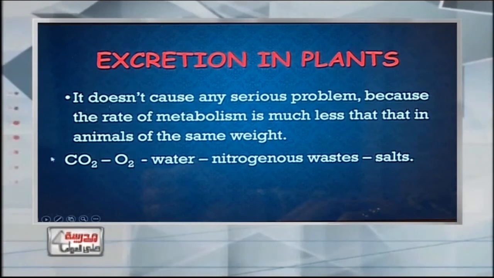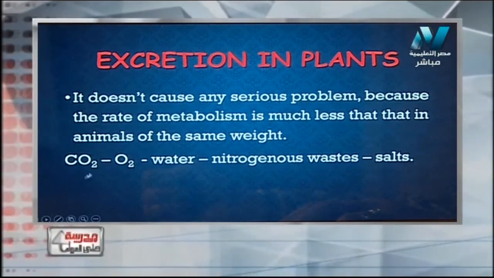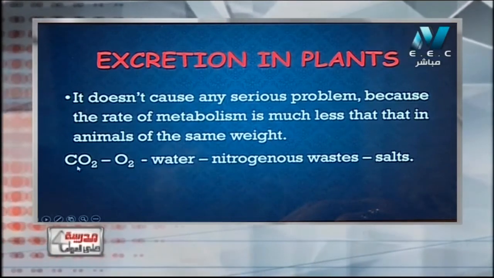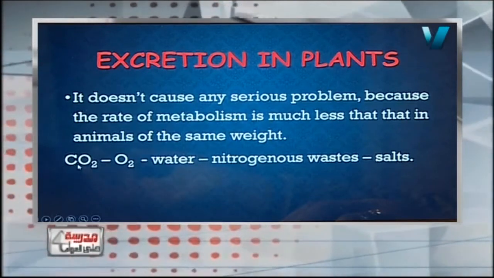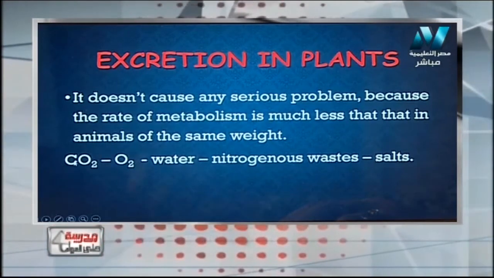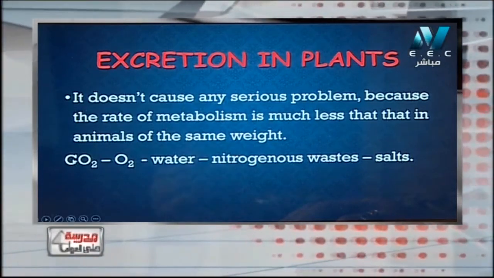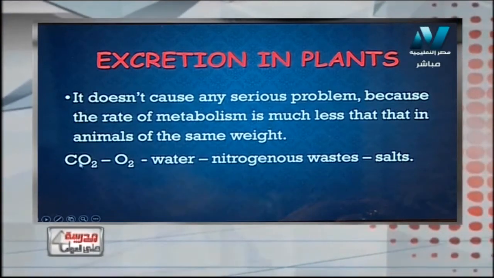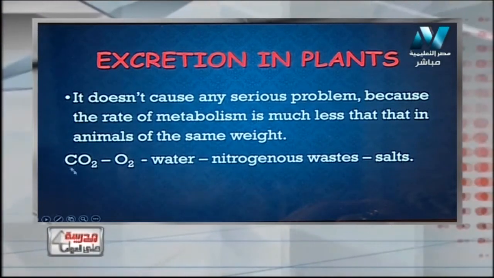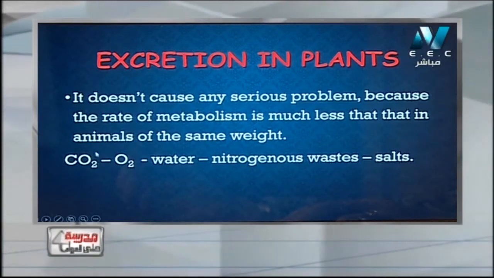In the respiration process, the plant gets oxygen from the surrounding medium and produces carbon dioxide. But the carbon dioxide which is produced can be used again. In what process? Yes, in photosynthesis. So the plant needs carbon dioxide which is produced from respiration in another process called photosynthesis.